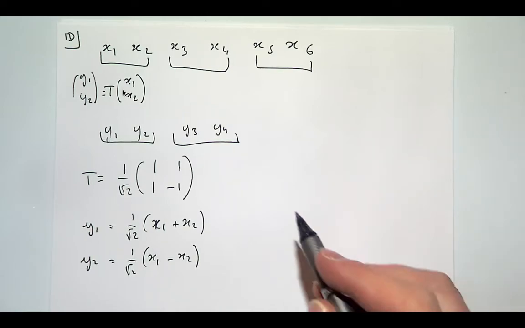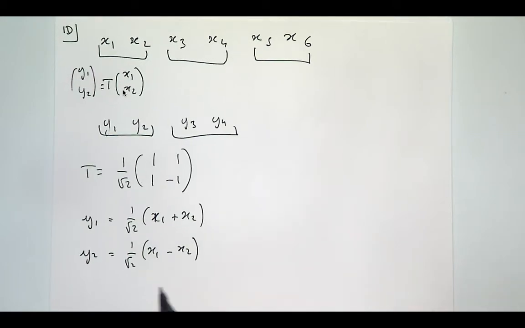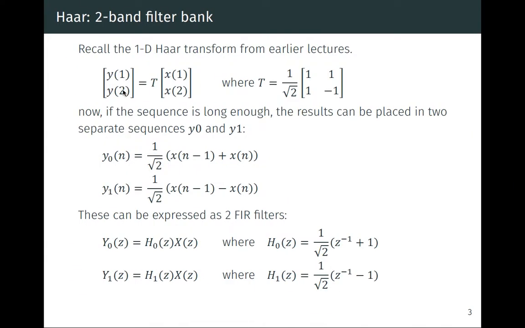So we could define two filters. This is what we're going to do here, okay? We are going to define two filters, y0 and y1, and basically they are going to implement, if you want, your Haar transform, but in a continuous way.